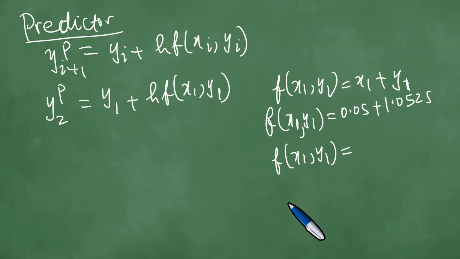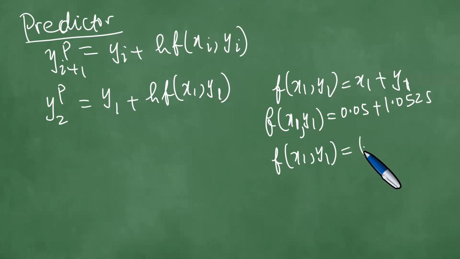So let's do this quickly. 0.05 plus 1.0525.